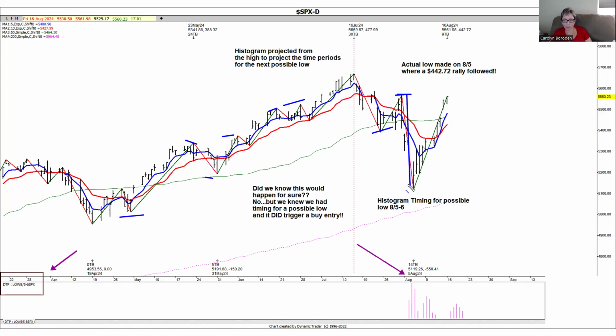So the histogram's a little bit different. It is directional. So it showed me that I had August 5th, 6th timing to anticipate a possible low. Actual low came in on August 5th, again, followed by this beautiful rally. Initially, when I took the snapshot, it was 442.72.